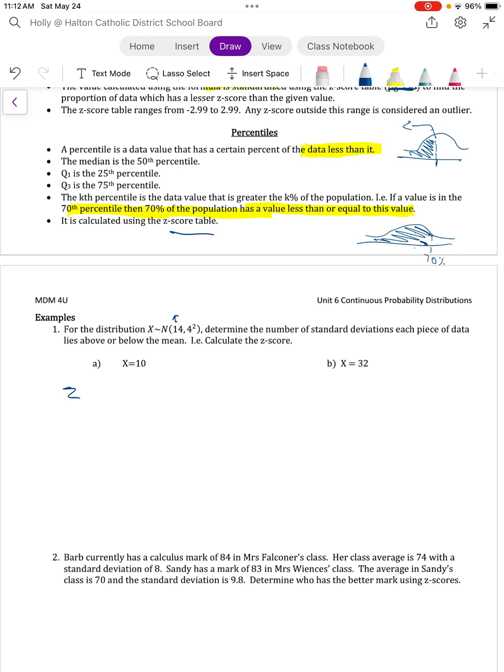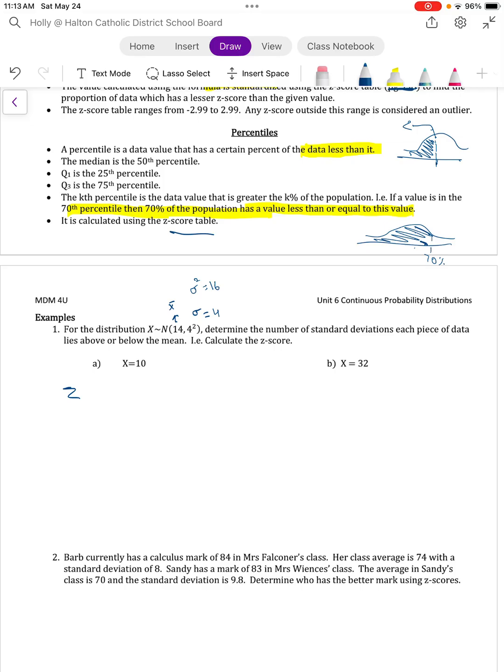So this is the mean. Standard deviation would be, oh, sorry, actually it's 4. That's why. Standard deviation is 4 because our variance is essentially 16. Okay, it's just the way it was written there, 4 squared. Your variance would be 16. The standard deviation would be 4.